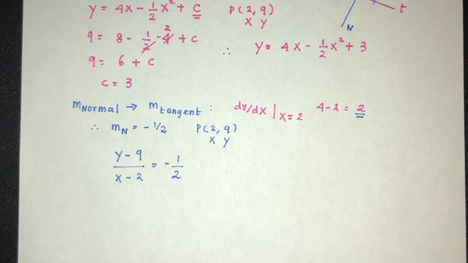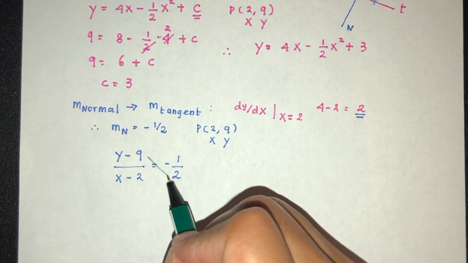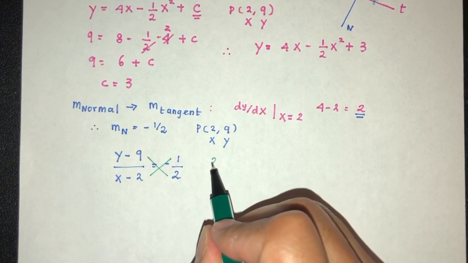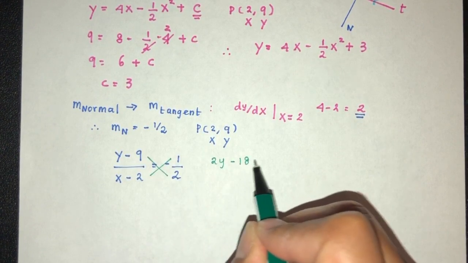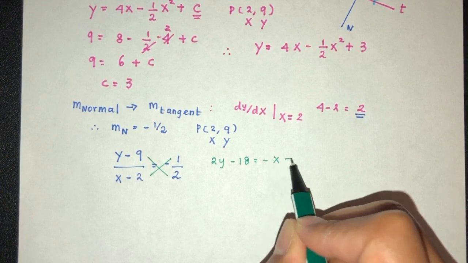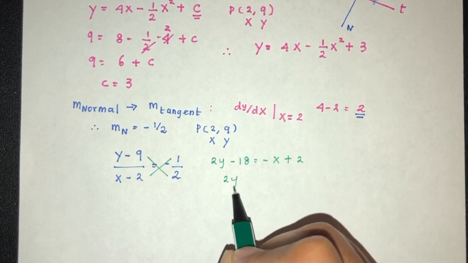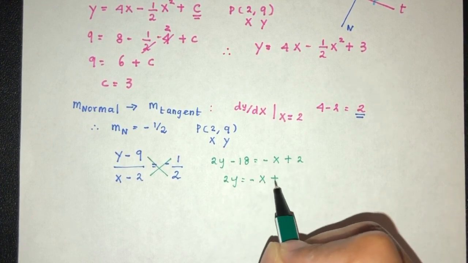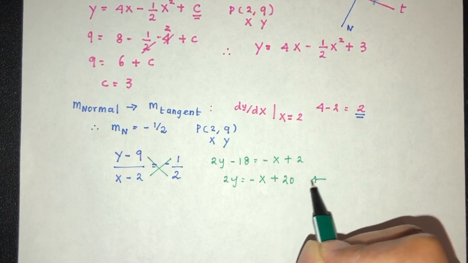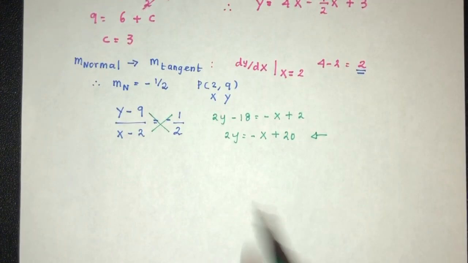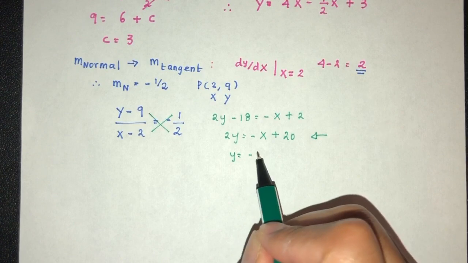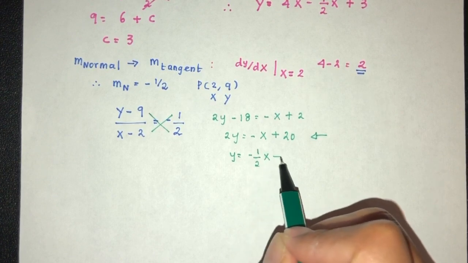If you guys have your own method, you can use your own method as well. It's up to you. Cross multiply, you will have 2y minus 18, that should be minus x plus 2. So 2y has to be minus x plus 20. That will be my equation of the normal. Again, if you want to make y the subject, that is okay as well. It is up to you.